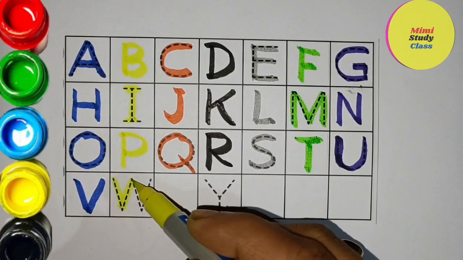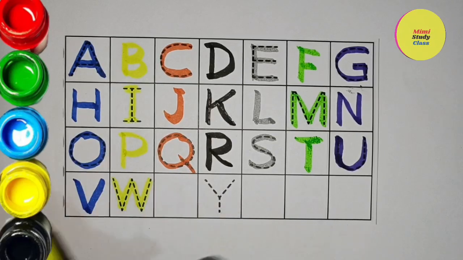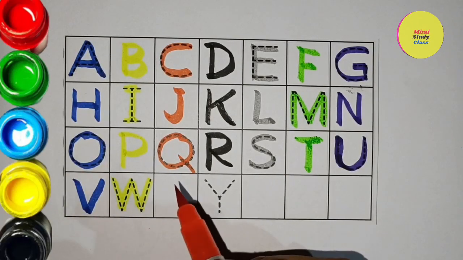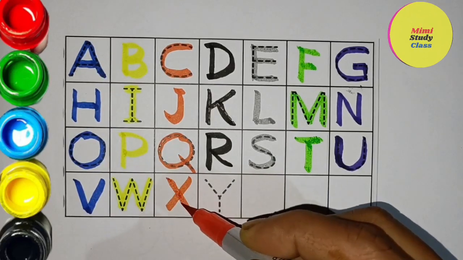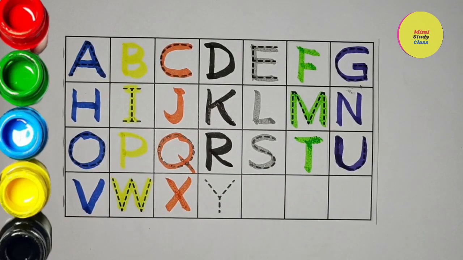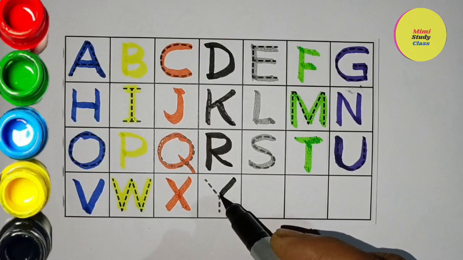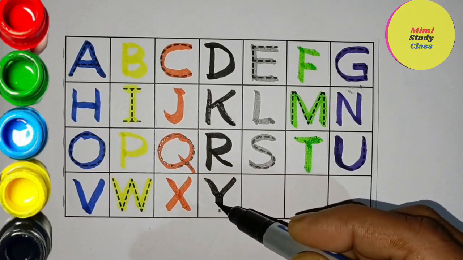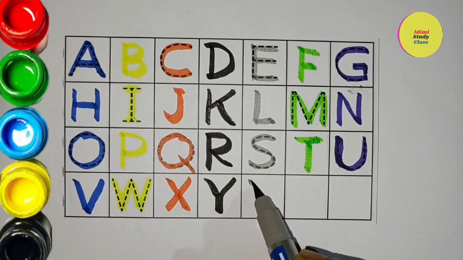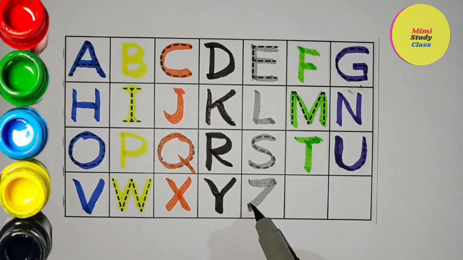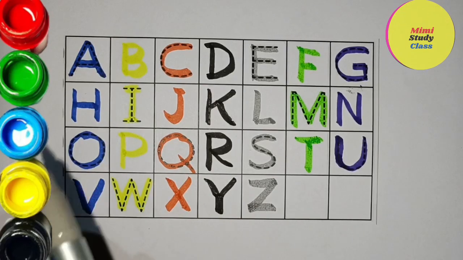W for watch. X for X-ray. Y for yak. Z for zebra.